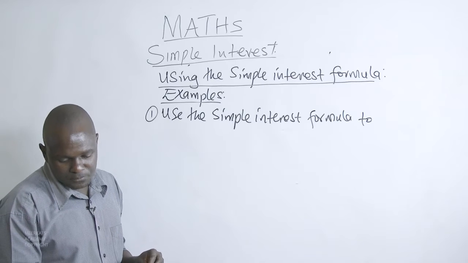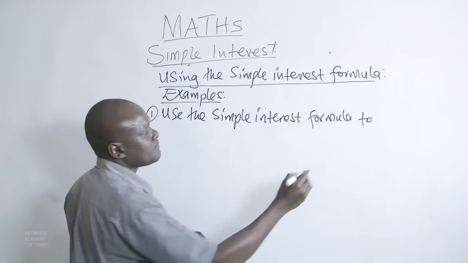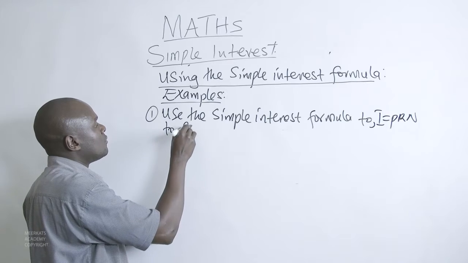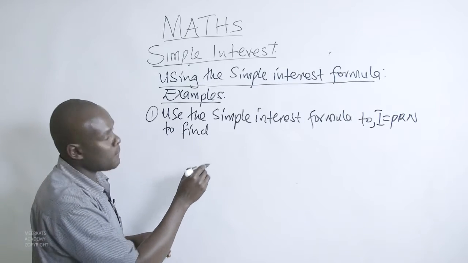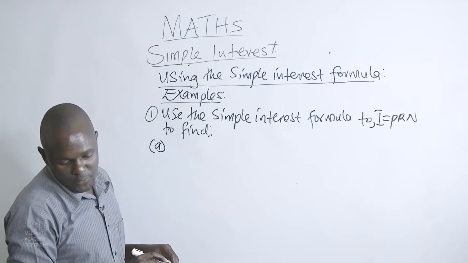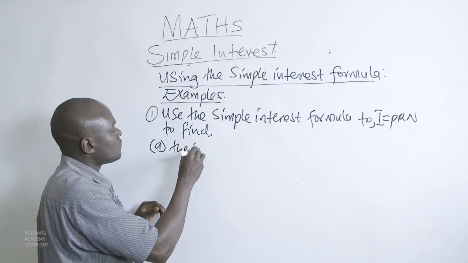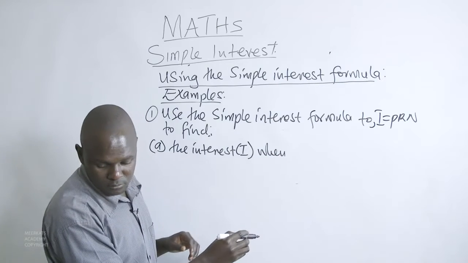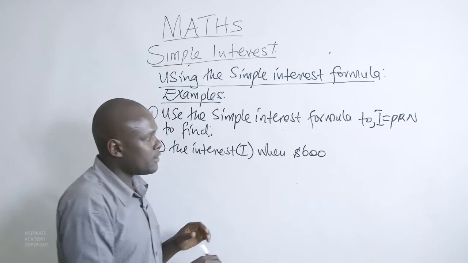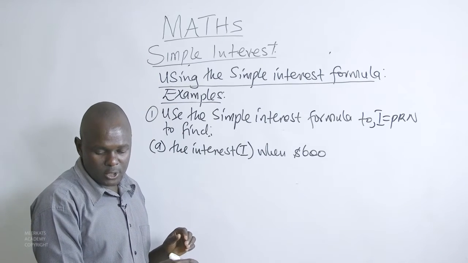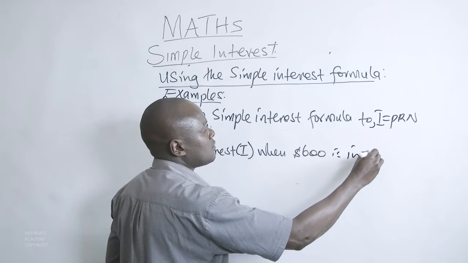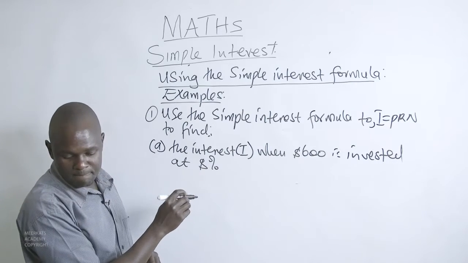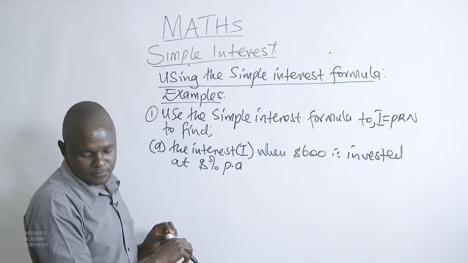Use the simple interest formula to find the interest when $600 is invested at a rate of 8% per annum or per year for 18 months.